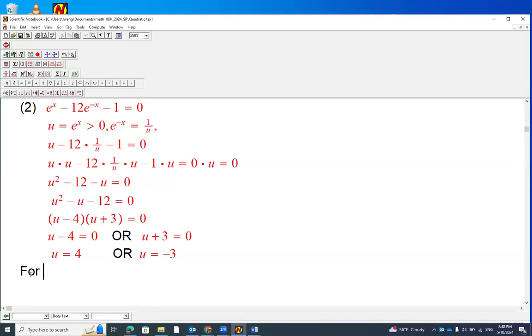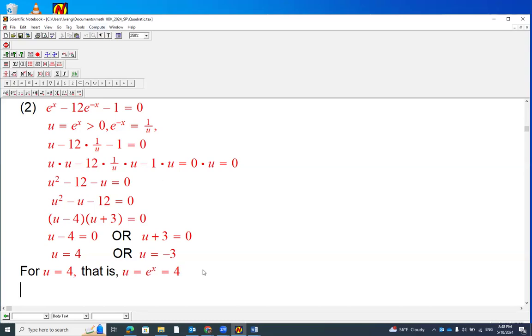So for u equals 4, we have e to the power x equals 4. That is u equals e to the power x equals 4.